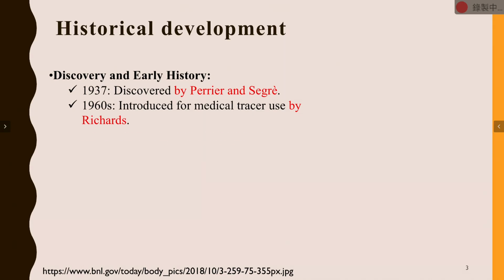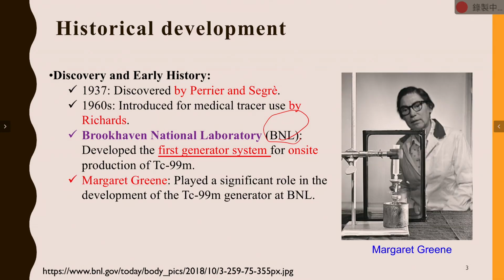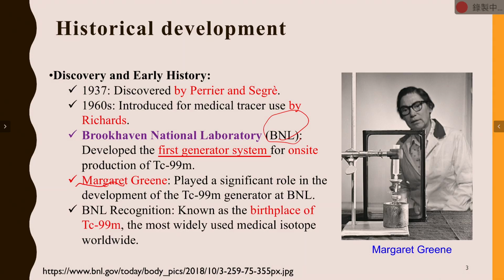At BNL, the first generator system for on-site production of Tc-99m was developed, and the scientist Margaret played a significant role in the development of the Tc-99m generator. So Tc-99m is the most commonly used medical isotope in the world, and its birthplace is BNL.